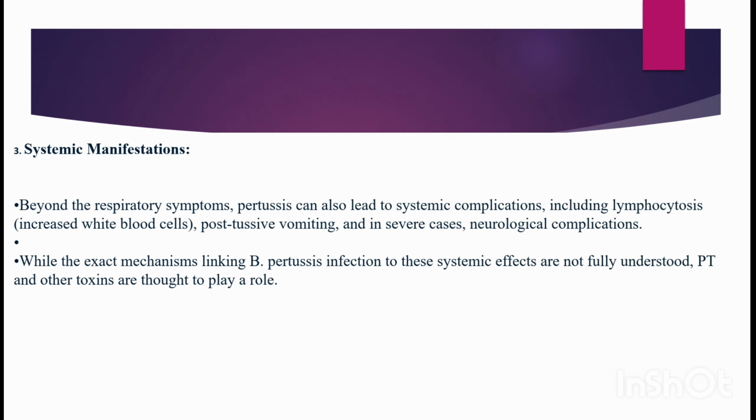Systemic manifestation. Beyond the respiratory symptoms, pertussis can also lead to systemic complications including lymphocytosis, post-tussive vomiting, and in severe cases neurological complications. While the exact mechanism linking Bordetella pertussis infection to these systemic effects is not fully understood, the toxins are thought to play a role.